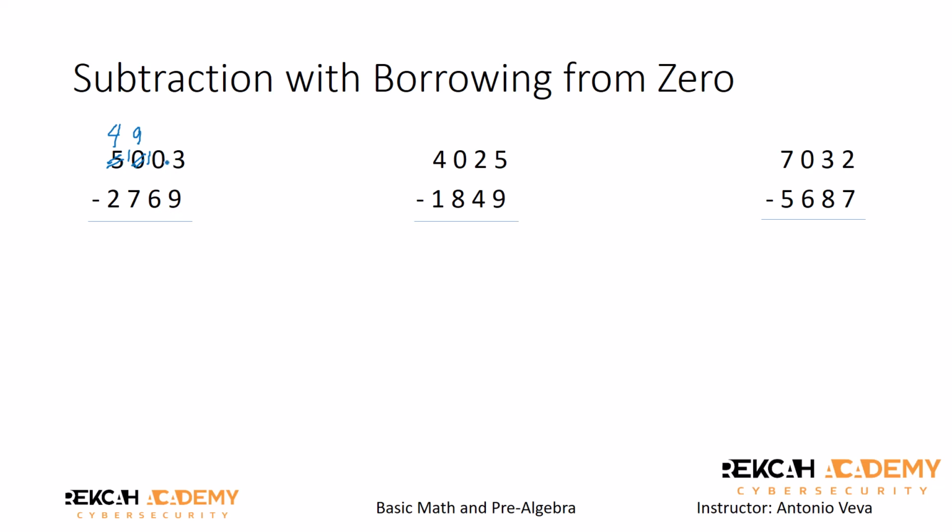And we're not done yet, because we have 3 minus 9 and we cannot subtract 9 from 3. So we have 10 here in the tens column. You have to strike that 10, and that 10 becomes 9. And the one that you borrowed from the tens column, you put in front of the number 3.